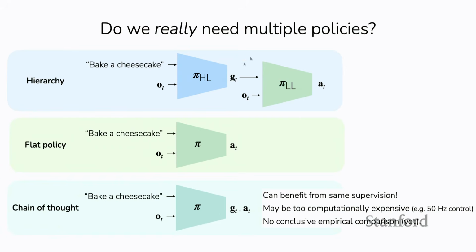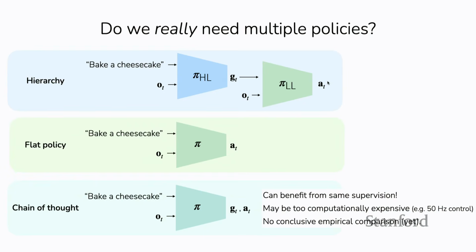And you could imagine that there might be benefits in terms of sharing some knowledge with low-level policies versus with a combined approach. So this is an open area of research on whether or not you could just do this. And the only really conclusive downside would be the computational upside of having reasoning at a lower frequency than taking actions.